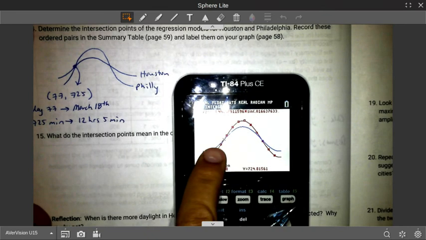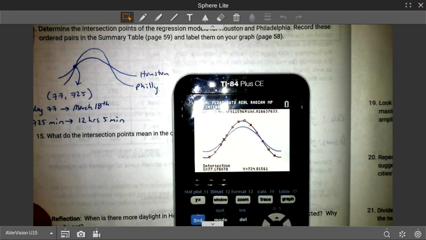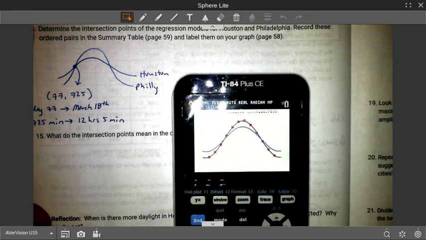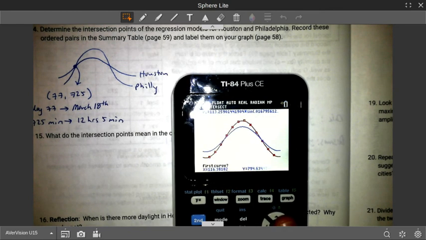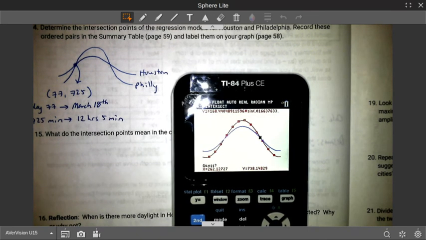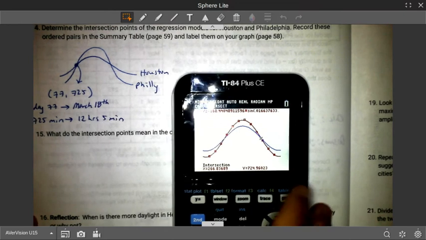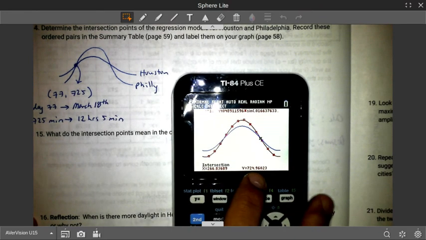There are two intersection points, so we got the left one, and we need to go find the right one. So we're going to go second trace 5 again, and before we can just hit enter, enter, enter, we have to scroll all the way to the right, so we're close to that second intersection point. Enter, enter, enter, and we got 267, 725.